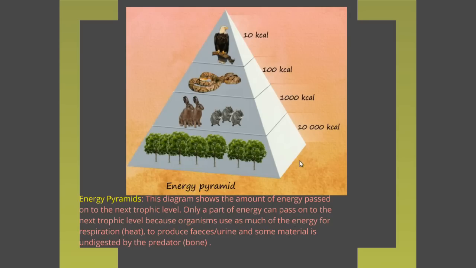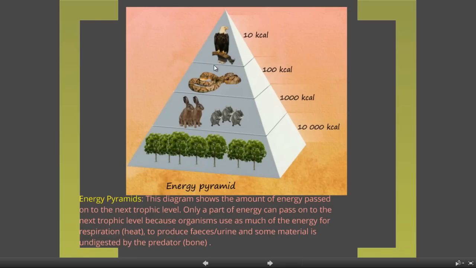And if you look, a good example to explain why some of the energy is lost between each trophic level is the eagle and the snake. When the eagle feeds upon the snake, not all of the energy found within the snake is made available to the eagle. Some of it may have been used in respiration and also therefore producing heat.